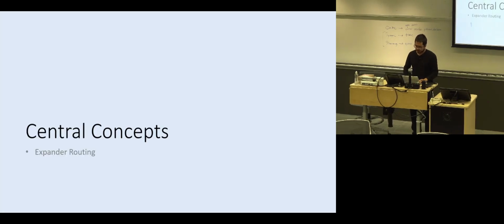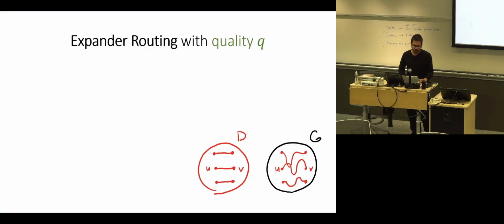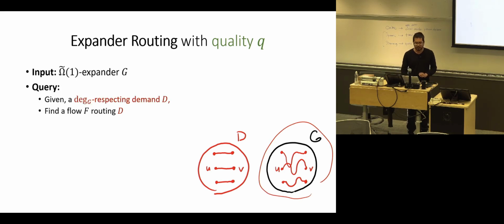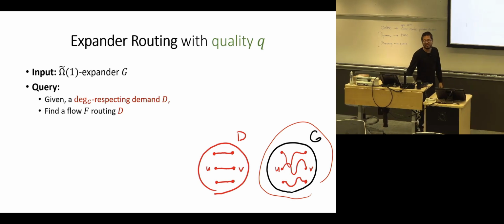So I will talk about expander routing soon, or now? Okay, now, yeah. What is this? It's a simple problem, super simple problem. You have a connected expander graph, like this, and then you have some demand that respects the degree, and you want to route this demand, basically.